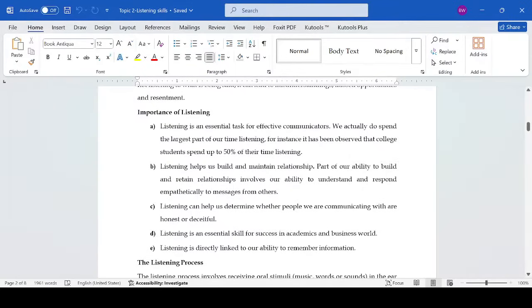So I'm sharing the link, another link. Are you able to see the screen? If you're able to see the screen, kindly type yes.